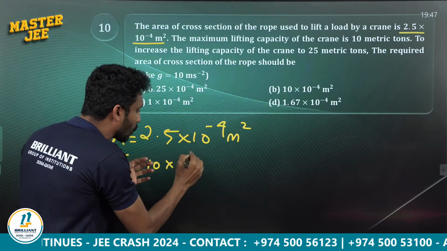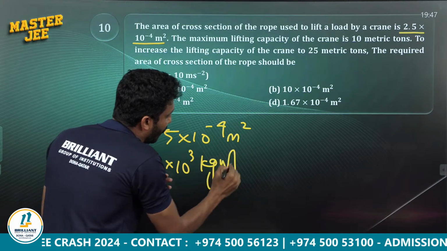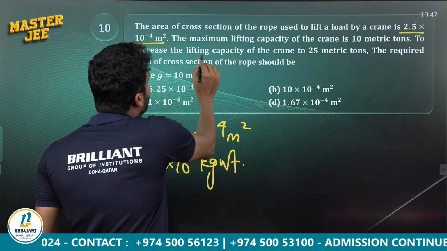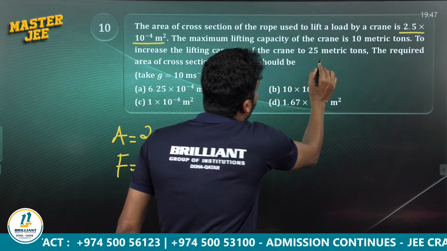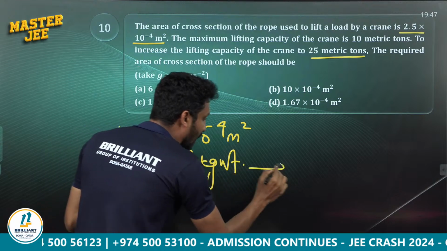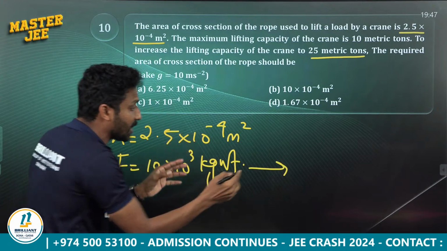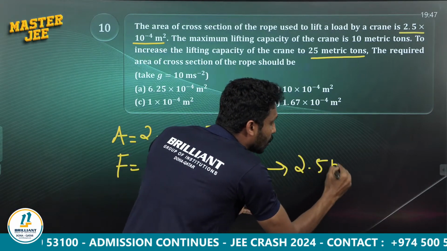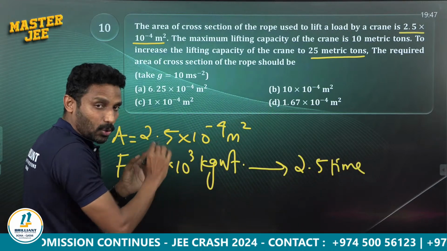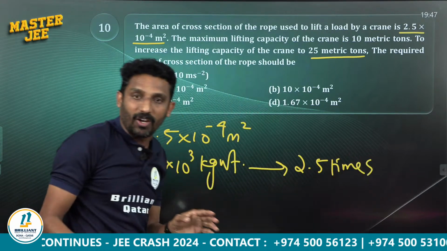Metric ton means 10 raised to 3 kilogram weight. To increase the lifting capacity of the crane to 25 metric ton means 2.5 times, isn't it?